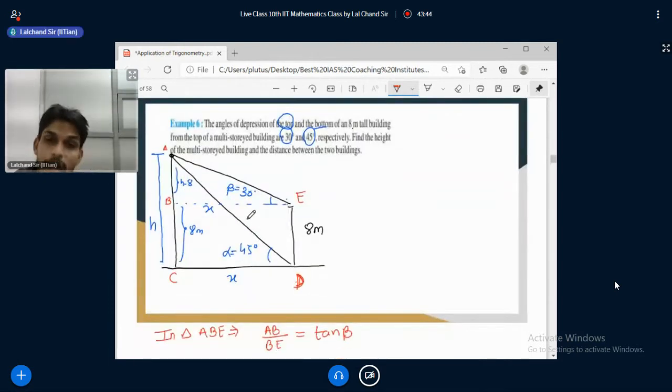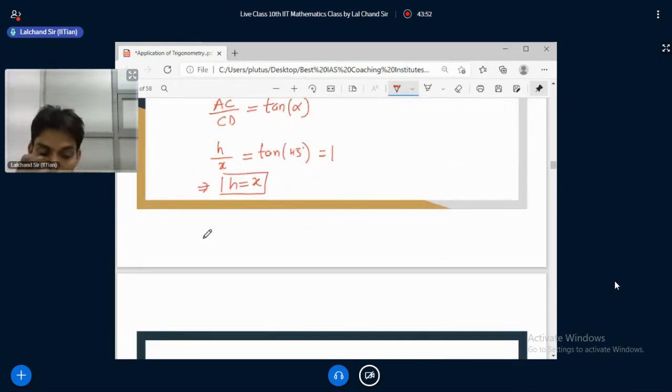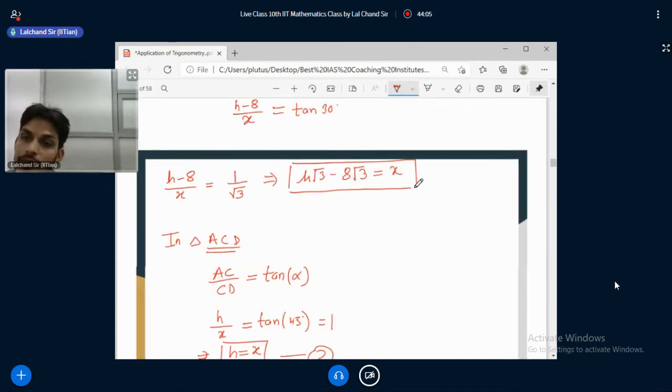So now we need to calculate the height first. Okay, the height of the multi-story building. So if we need to calculate height, then what do we need to eliminate from these two equations? The second equation is this, and the first equation is this.